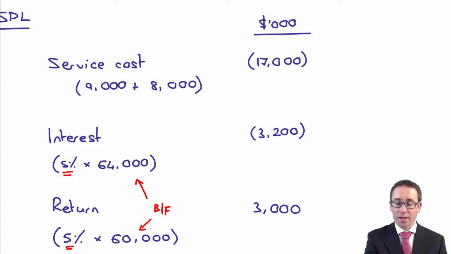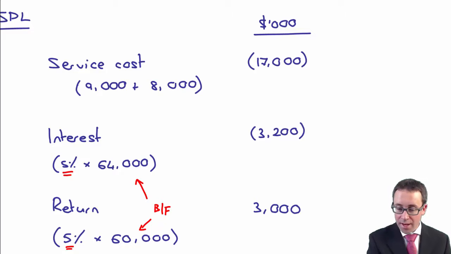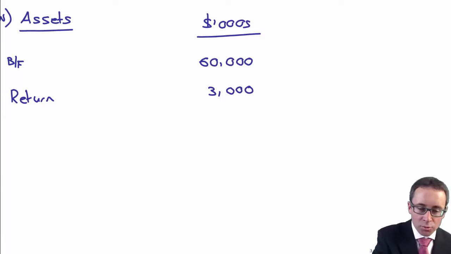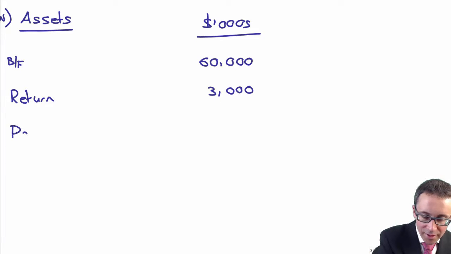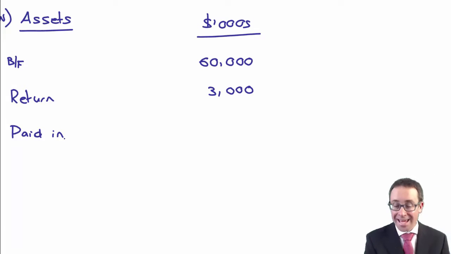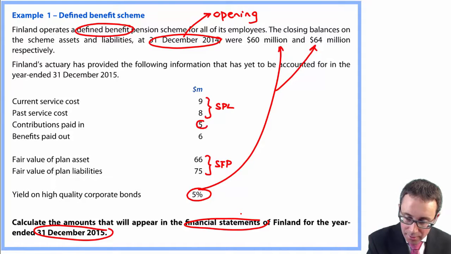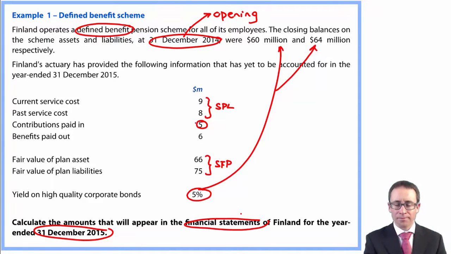And then what I would begin to do now is deal with the cash consideration as part of the pension. You have the contributions that you've paid in to the scheme. The amount that you paid in was 5 million.